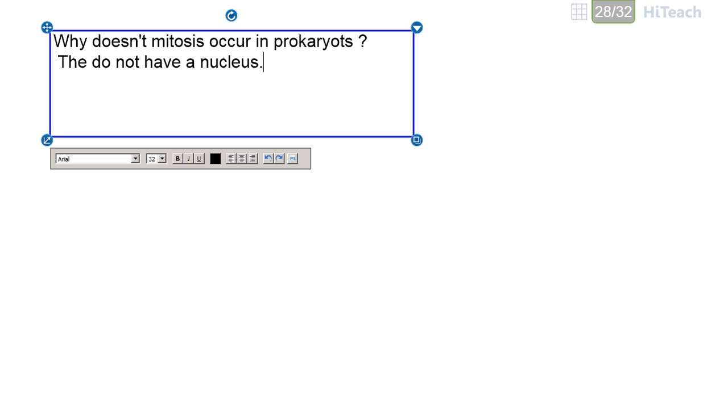Okay, I'll ask another question. What would happen if DNA didn't duplicate during interphase?